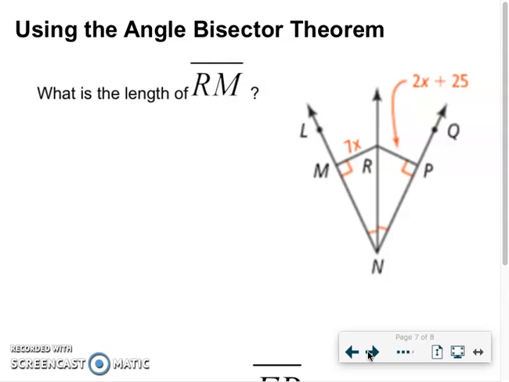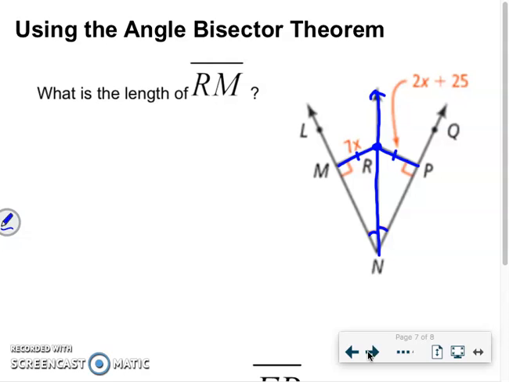What is the length of RM? That's the question we have to remember to answer. I see RM right here. That's what they're asking for the length of. RM and RP should be equal to each other, because R is on a ray that is cutting the entire angle in half, meaning ray NR is an angle bisector.